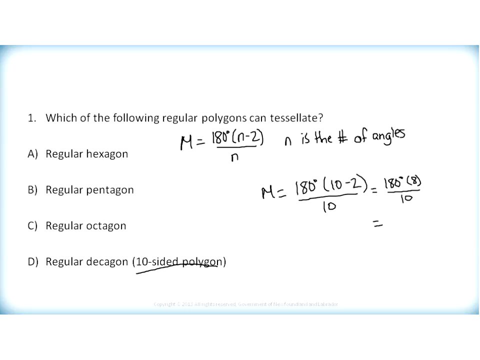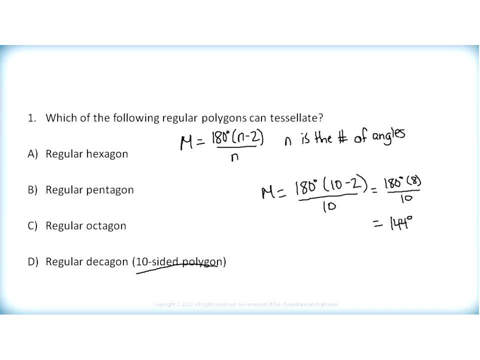If I put that into my calculator, it tells me that the measure of each individual angle in a regular decagon is 144 degrees.